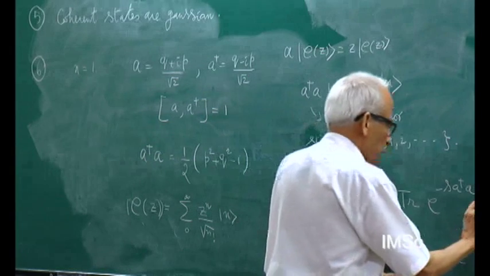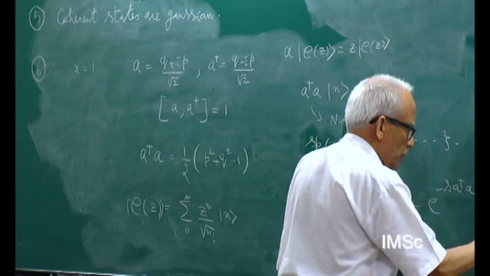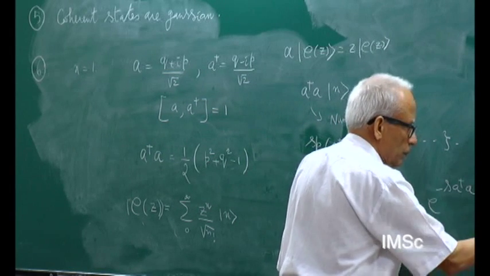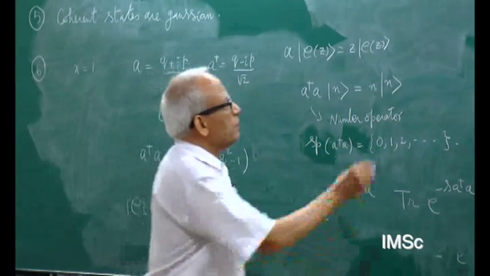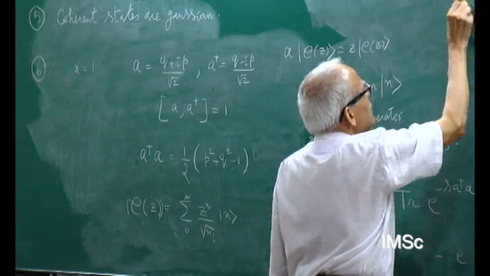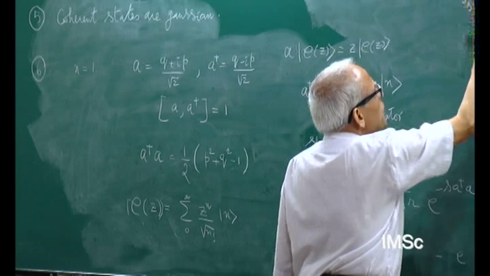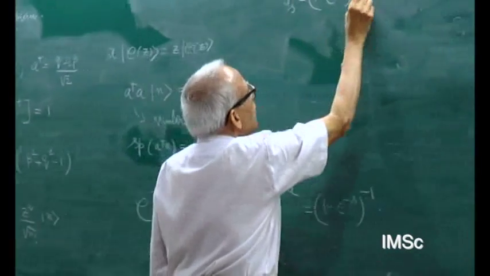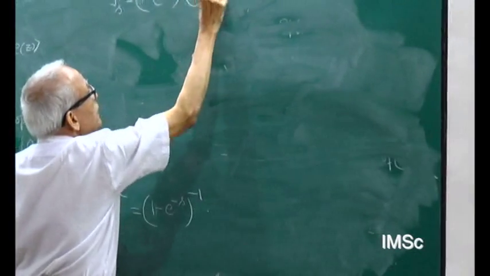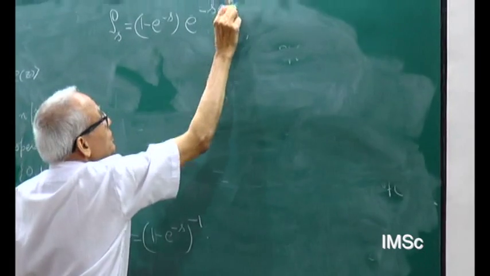And so this is 1 minus e to the minus s, inverse. So you get a state. I get a state rho s, which is equal to 1 minus e to the minus s multiplied by e to the minus s A dagger A.